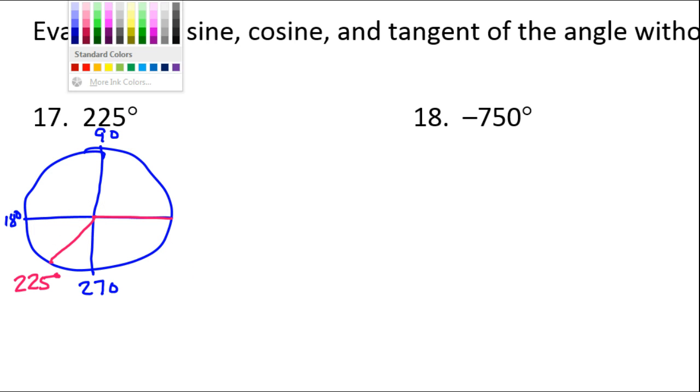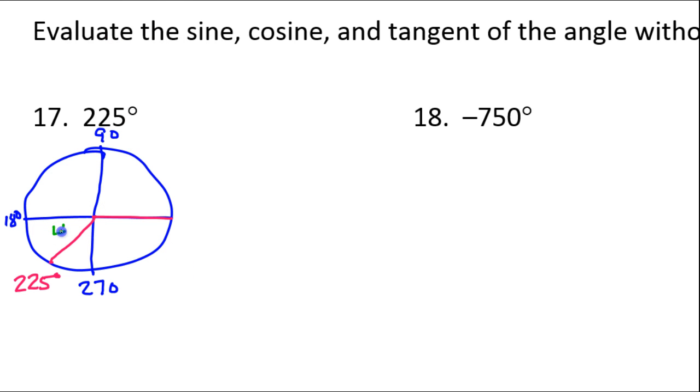So we have a reference angle of 45 degrees. But notice that the quadrant is quadrant 3 here, so keep that in mind. But let's write this down. So we're dealing with a reference angle of 45 degrees, and we are in quadrant 3. So let's find sine, cosine, and tangent using this information.